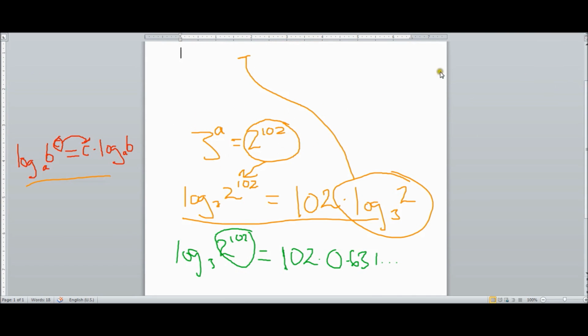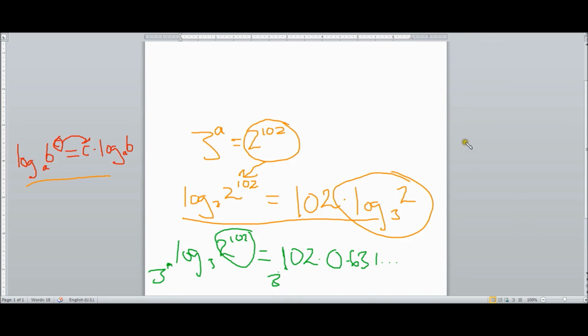Let's isolate it. So we can take 3 to the power of everything, right? 3 to the power of this.